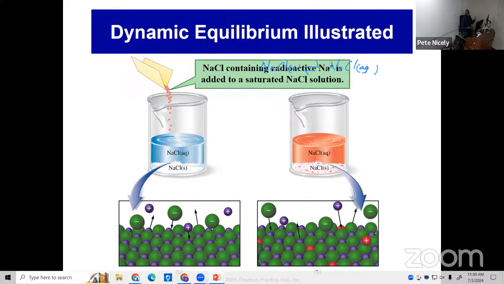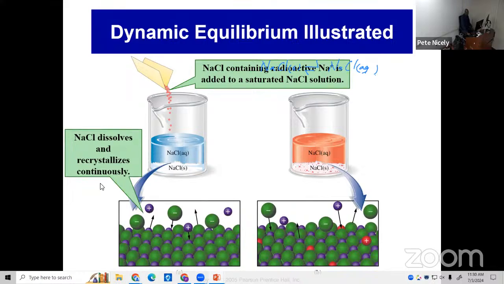Because in this case, we added solid sodium chloride with radioactive sodium in it, and eventually some of it ended up in the solution. So we know that there is a reversible reaction taking place, and then what will happen eventually is that the amount of radioactive sodium chloride present in both the aqueous solution and in a solid state remains the same. So that's what this pictorial representation is all about, right?